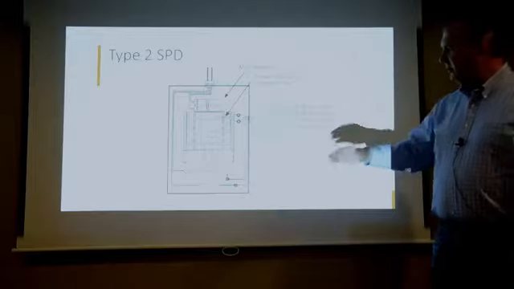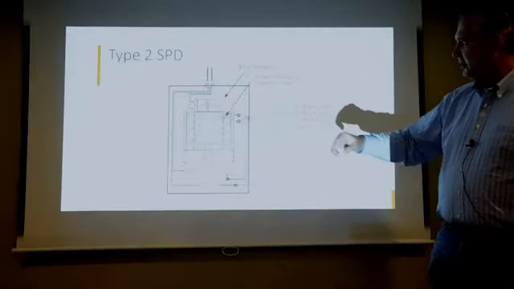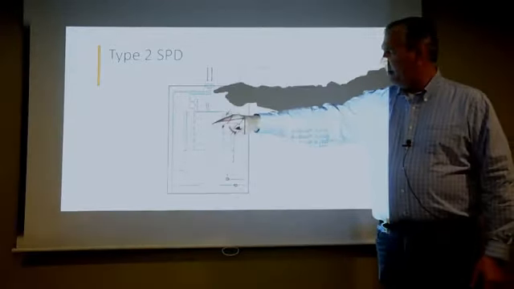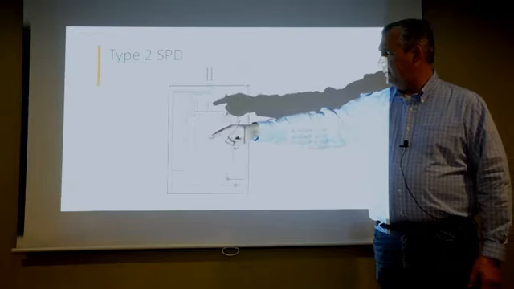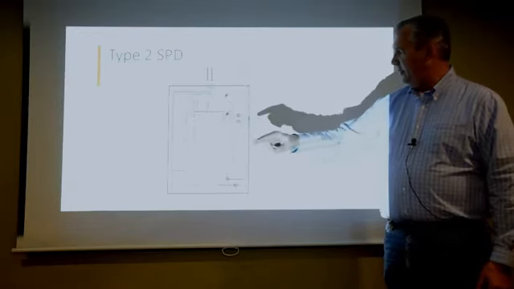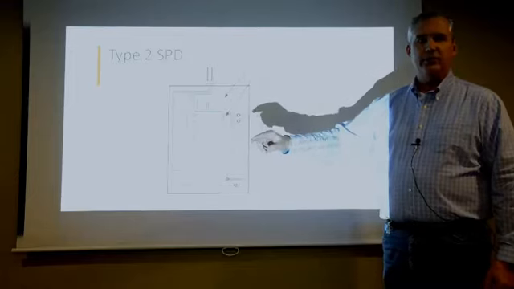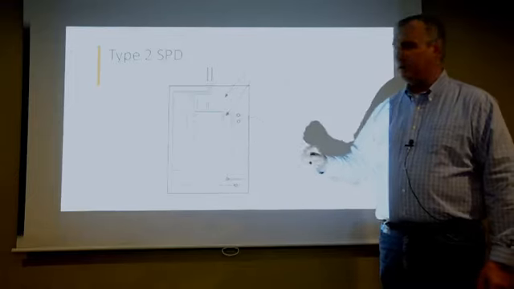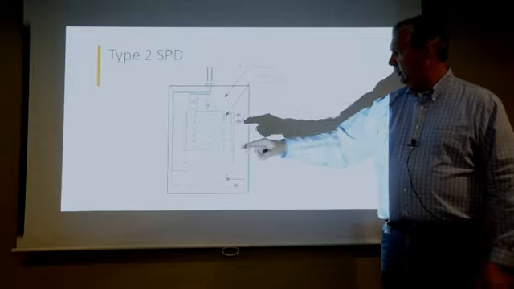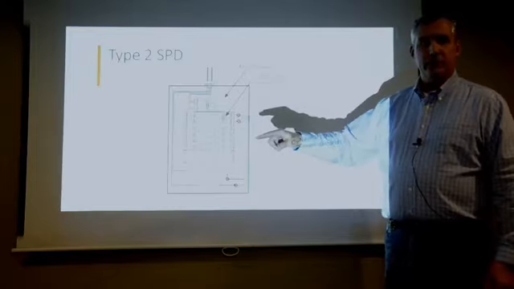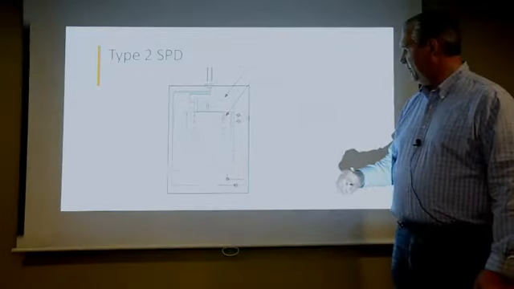Here is a typical installation of a type 2 surge protector. You have your incoming power from the utility to your main breaker. Then at your first position, you put in two 20 amp circuit breakers to tie in the surge protector, the type 2 surge protector.